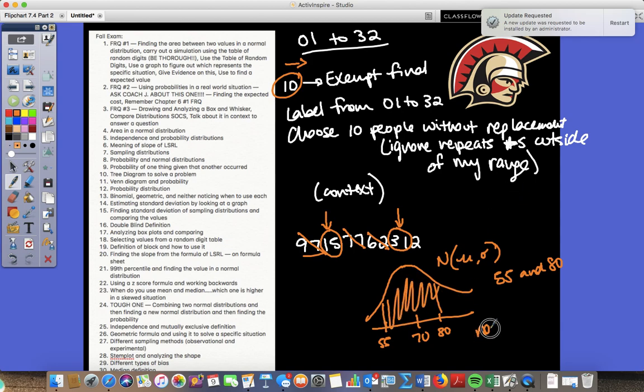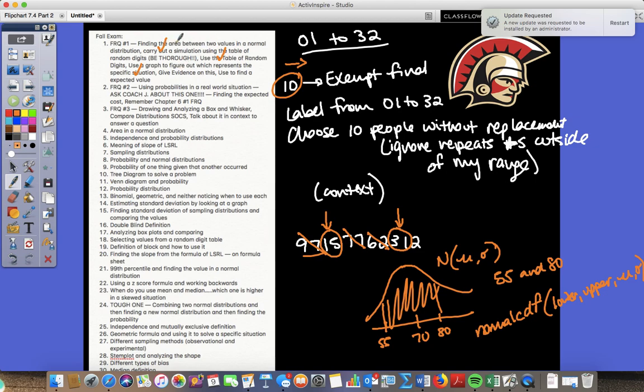We could use normalcdf, which takes lower, comma, upper, comma, mean, comma, standard deviation. Make sure you write this out on an FRQ and plug in the actual values. So make sure you know how to do that. Use the table of random digits, and use a graph to figure out which represents the specific situation.